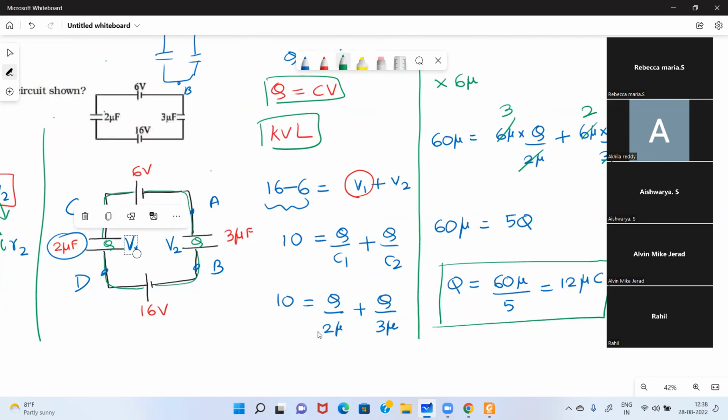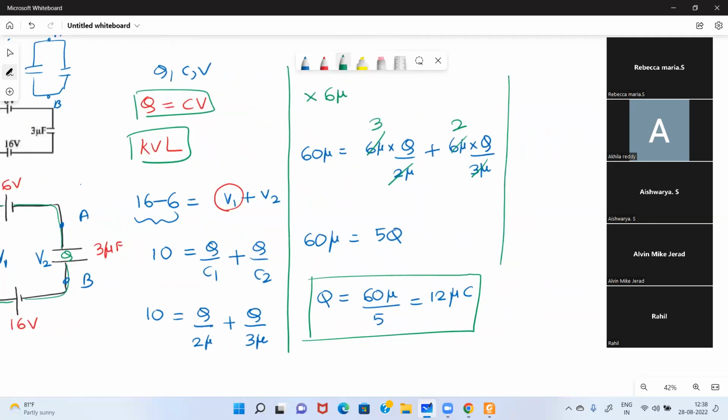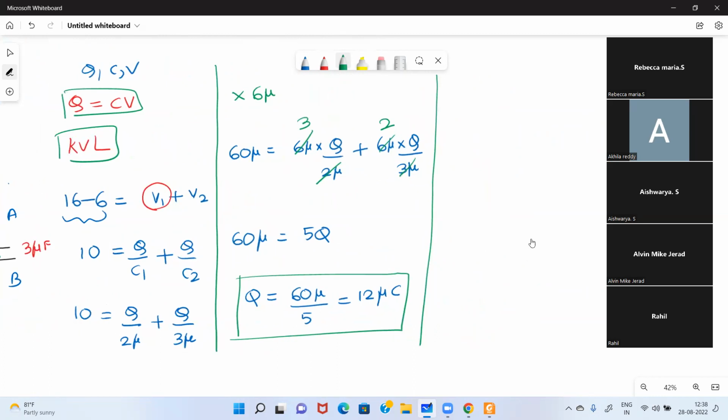Is it not V1? Yes, sir. That will be V1. So V1 is nothing but Q by C1. What is Q? 12 microcoulomb divided by C1.